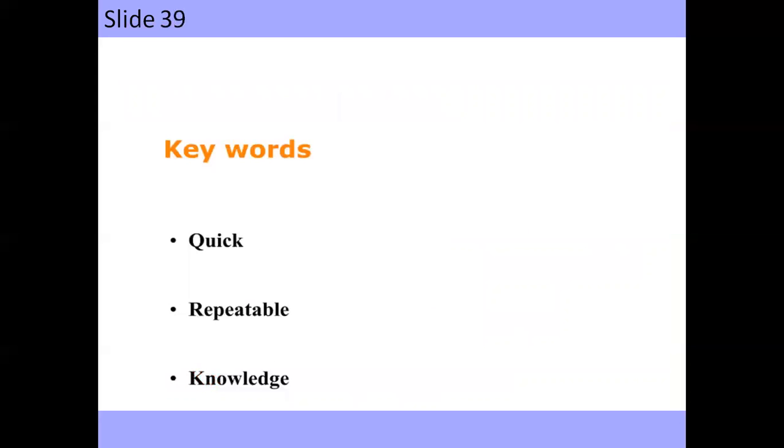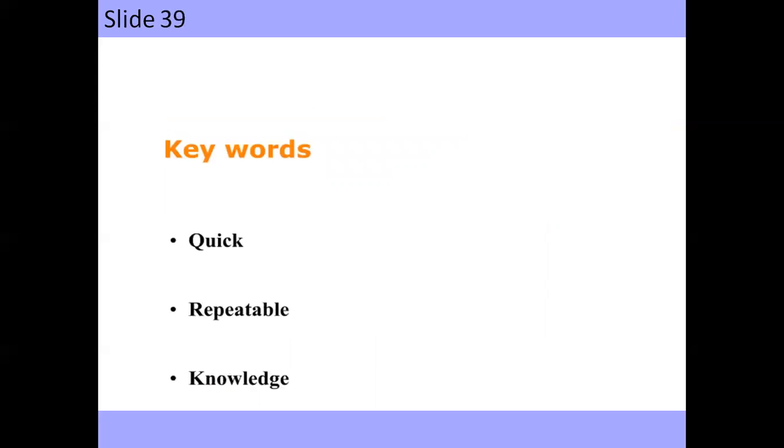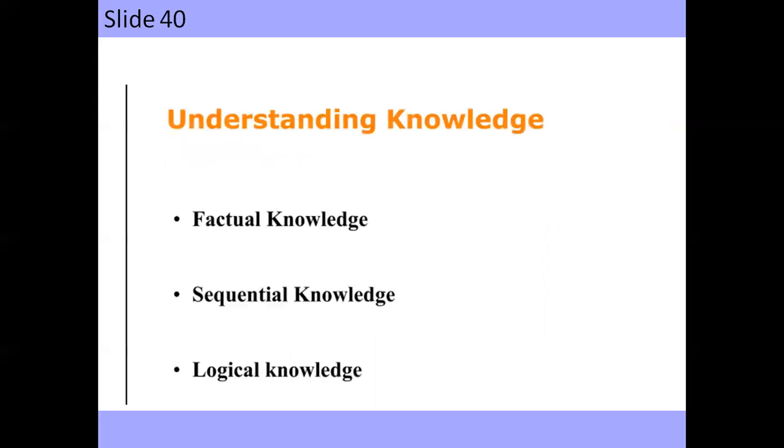So what keywords do we have to consider here? Quick decisions that are going to be carried out. If I want to repeat that task again, is it repeatable? Is that knowledge going to be applied, and is the condition going to be satisfied accordingly? So we need to understand the knowledge given with the help of facts: factual knowledge, sequential knowledge, and logical knowledge.